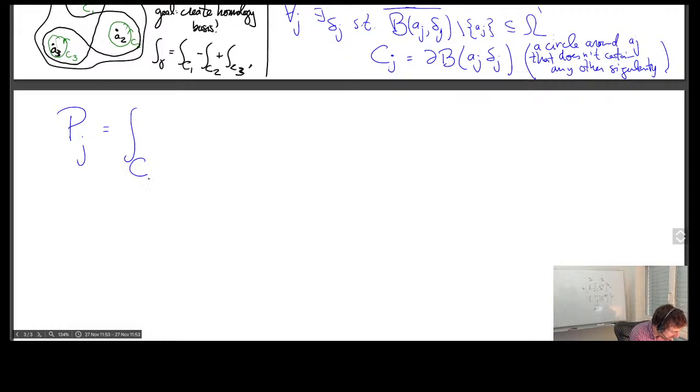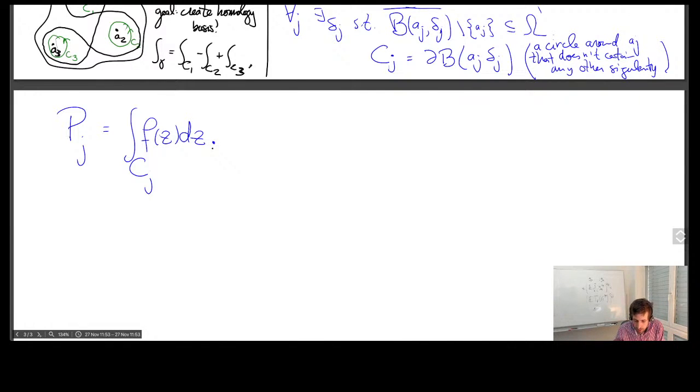This will be the integral over a curve around Cj of f(z) dz. This will not depend on the circle I choose, exactly because, of course, there are many choices of delta j, but all the corresponding circles are homologous. This we know. And so I define these periods.